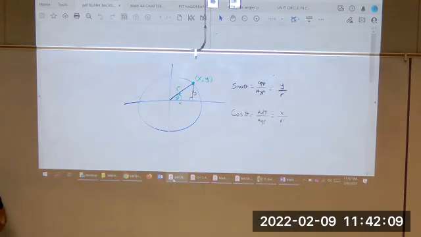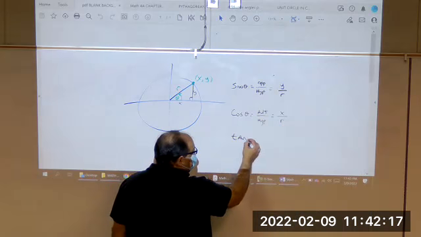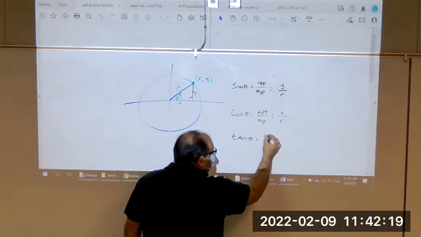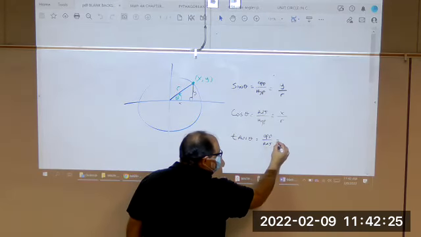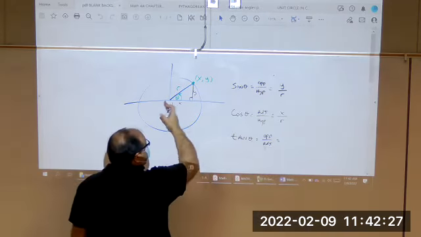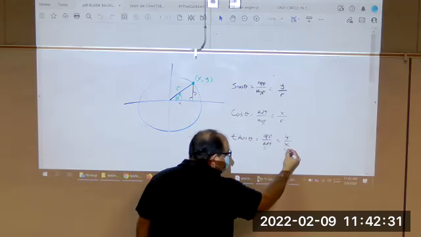And now you know you can make tangent theta out of sine over cosine. But you can just go straight to tangent theta is the opposite over the adjacent. And the opposite of theta in the circle scenario is the y, and the adjacent is the x.